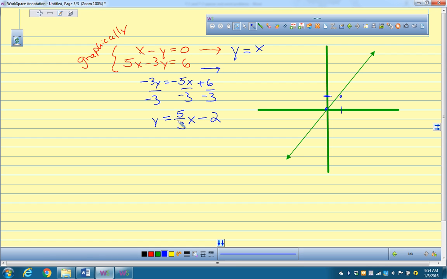Y equals 5/3 x minus 2 has a y-intercept of negative 2. See, I'm probably very inaccurate because I'm not using graph paper. So from the y-intercept of negative 2, I would go over 3 and up 5.